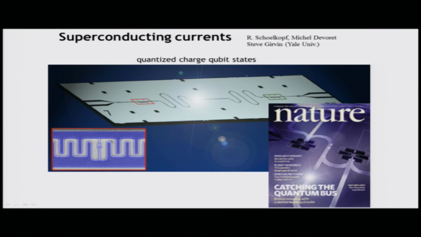All of this has been summarized in one of these reviews which came out some years back in Nature, where they were discussing how qubits at that point of time were looked at as catching the quantum bus, where they were able to transport and talk about quantized charge qubit states based on these principles.